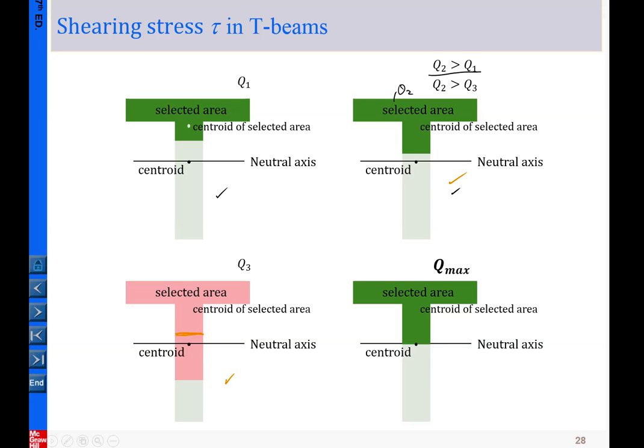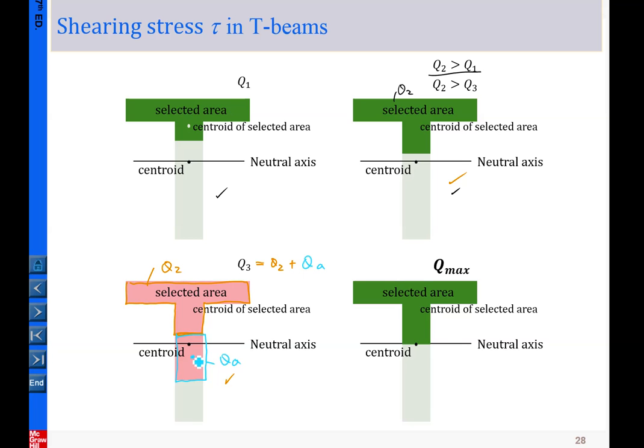Now if you like to decompose Q3, it can be decomposed into this, which is Q2 plus this. Let me call it, say, QA, how about that? So for this case, you can see the QA.